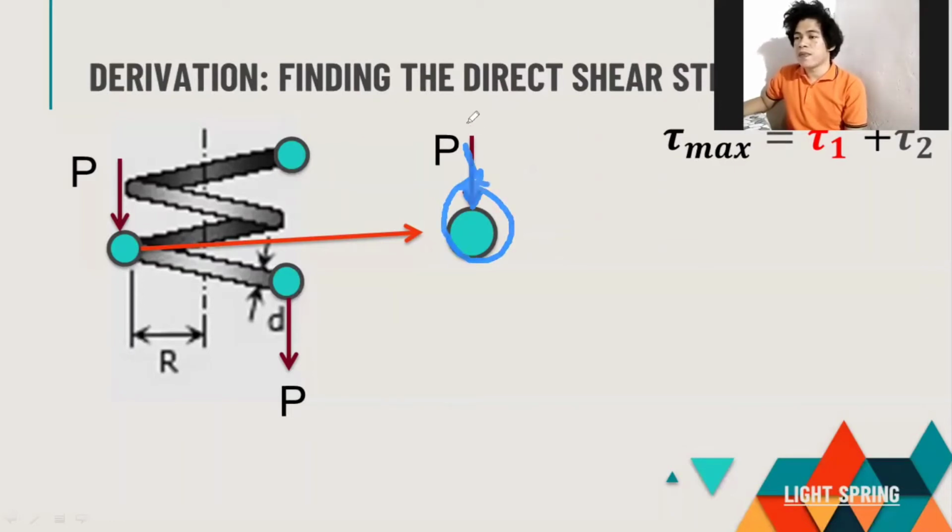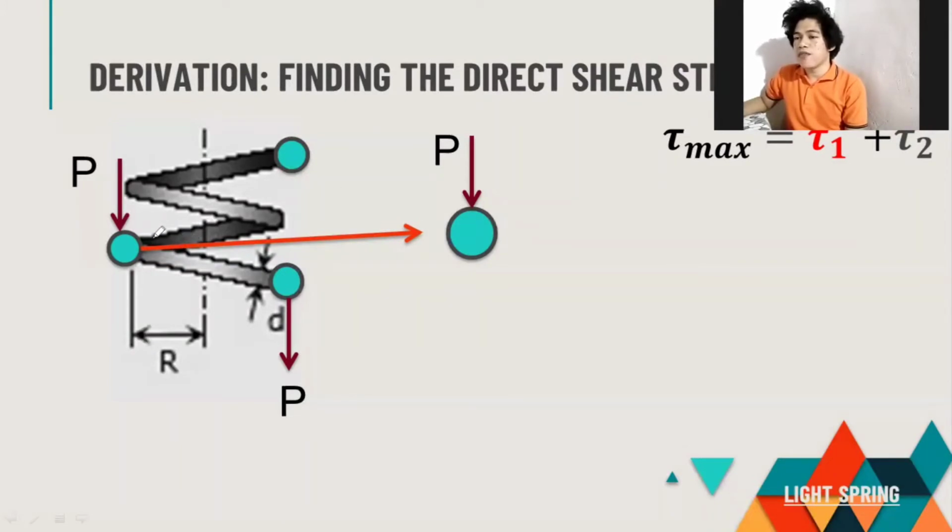So, bakit shear stress? Di ba class, pagka hinila natin ang spring natin, ano bang tendency niya? Nagkakaroon ng pag-slide, siya ay parallel.